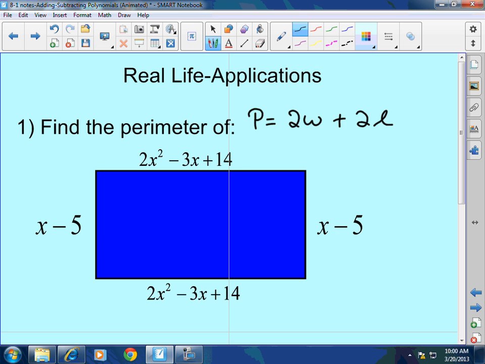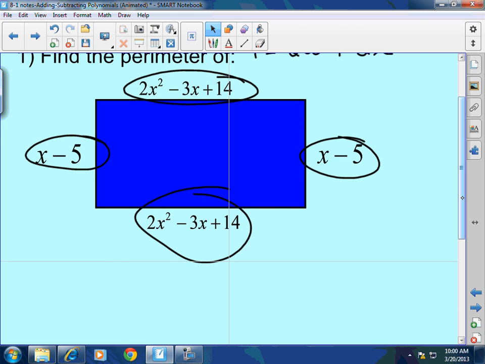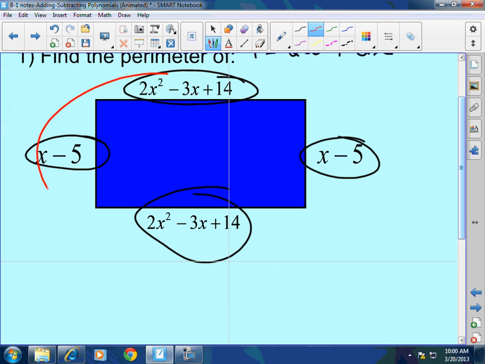However, isn't 2w basically this width plus that width? And then 2l, that plus that? Okay, so let's go ahead and find our perimeter here, guys. Let's go around like in a circle, investigating each piece one at a time.